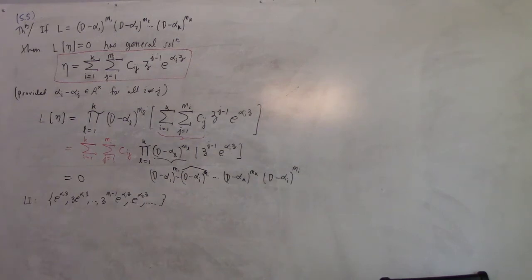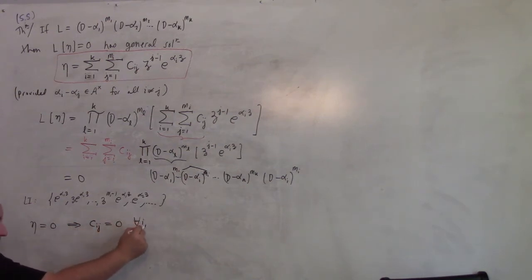You could just try to calculate the Wronskian directly, but that sounds horrible. What I chose to do instead was to set eta equal to 0, the box equation equal to 0, and then give explicit arguments to prove that that implies that Cij is equal to 0 for all ij.